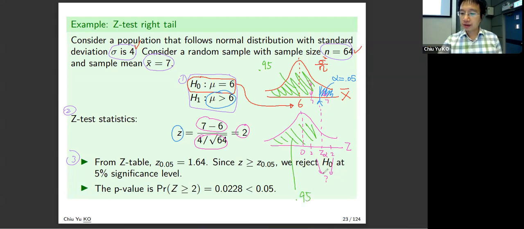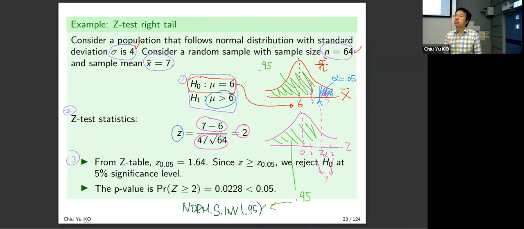What is this number? Excel tells us we can do the following: it's NORM.S.INV. Inverse is from area to the number, right? 0.95, then we're done.